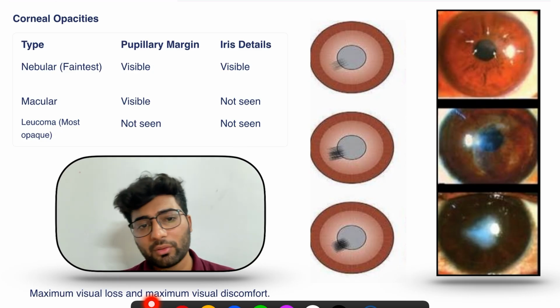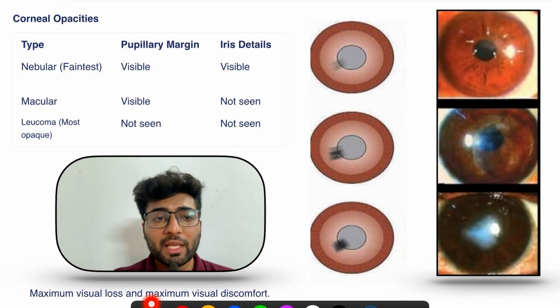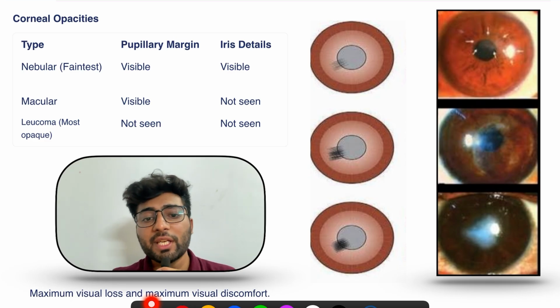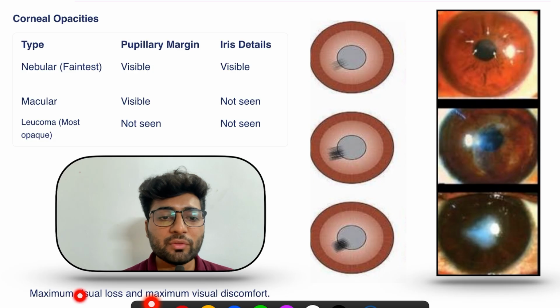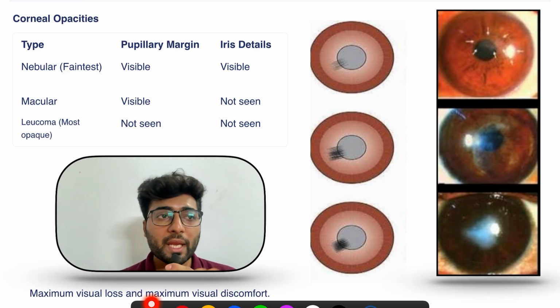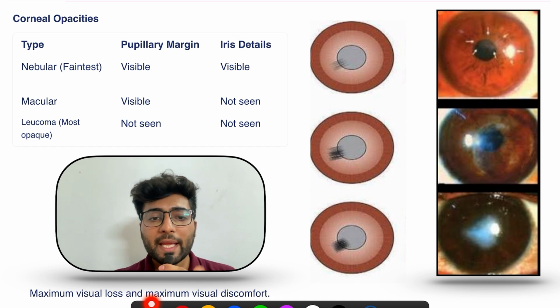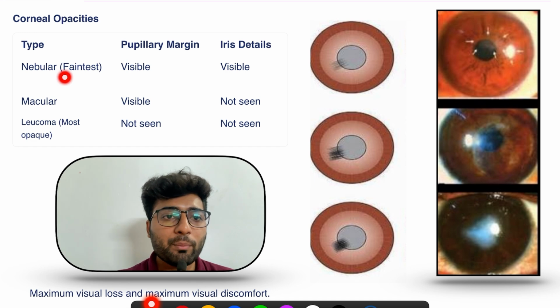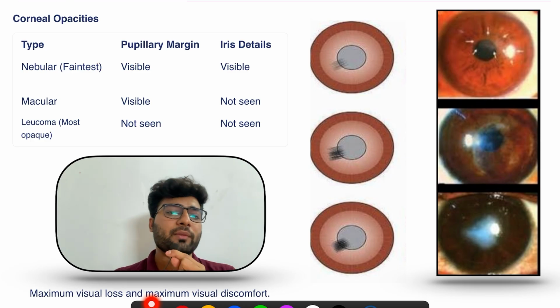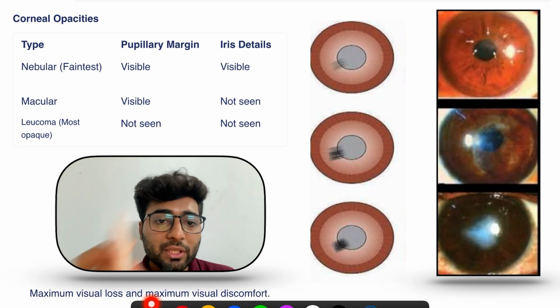Now there is a question. Which will have the maximum vision loss and maximum visual discomfort? There are two things: visual loss and visual discomfort. Visual loss is you cannot see anything. Visual discomfort means there will be some glare or something, right? So in nebula, I can see that there is only a bit of opacity, so the light can pass through it.